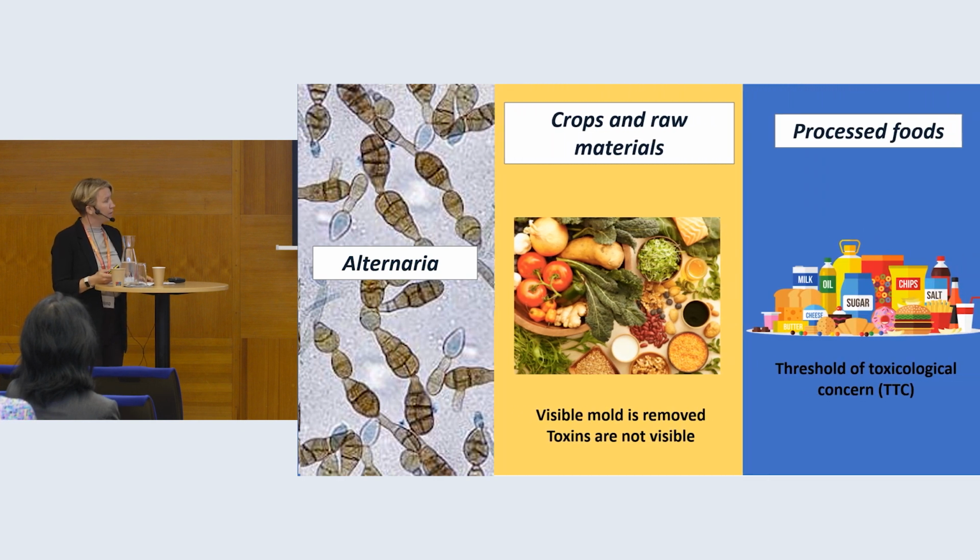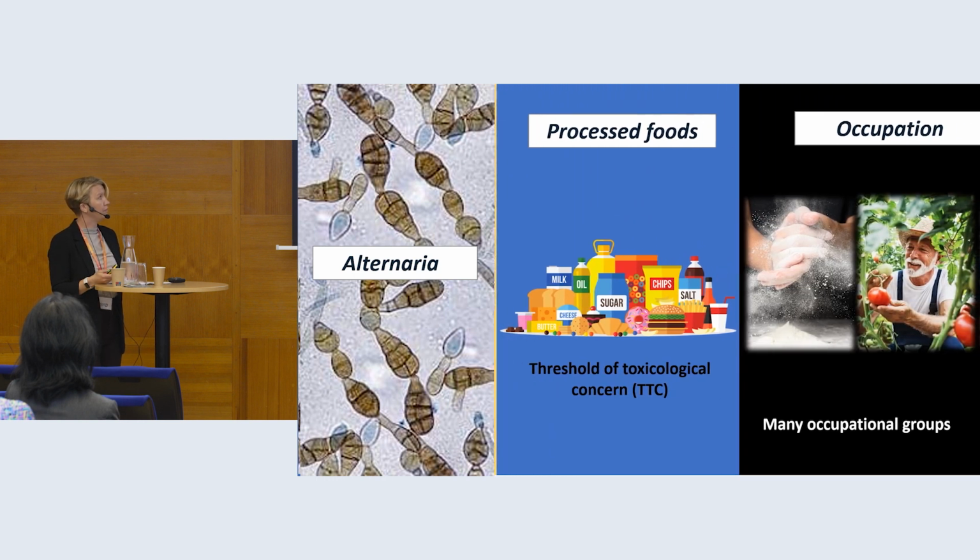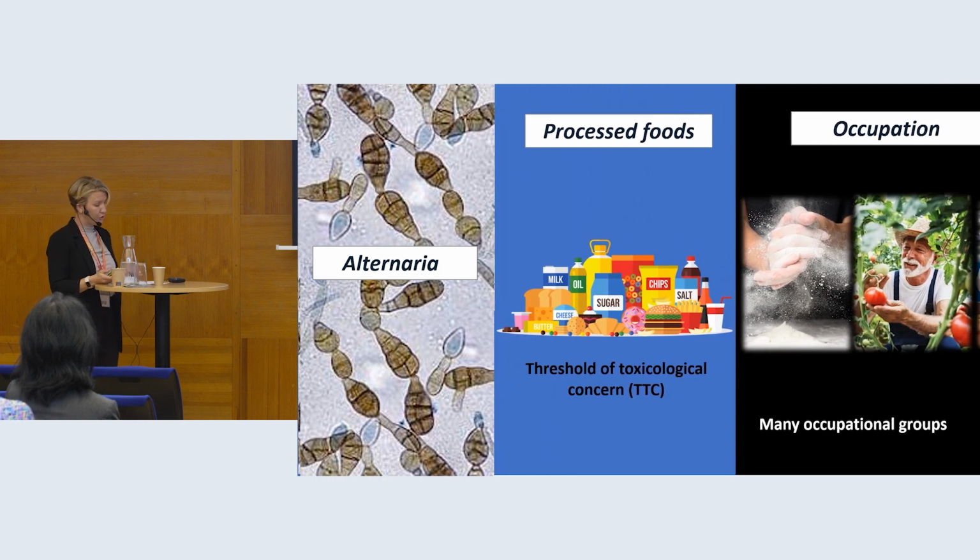And while visibly infected foods usually are avoided, the mycotoxins are not visible, however, can be in and around the area of the contaminated plant. So the toxins are also found in processed versions of the contaminated food, which are foods that many of us consume daily, such as cereals, cooking oils, apple juice, beer, wine, and so on. So we're all exposed to this in our daily life.